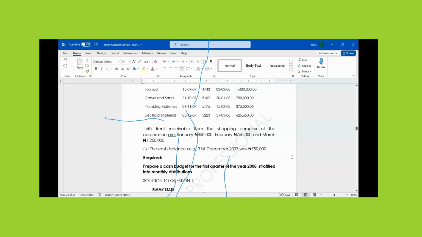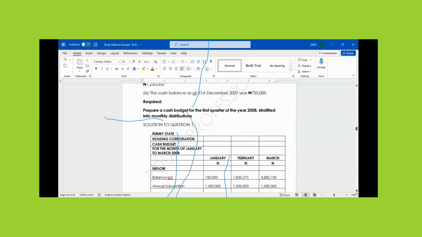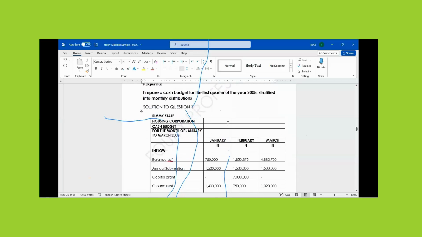For us to prepare our cash budget, we need to divide our solution into two: inflow and what? Outflow. The name of the company is Rimi State Housing Corporation. Cash budget for the month of January to March 2008.